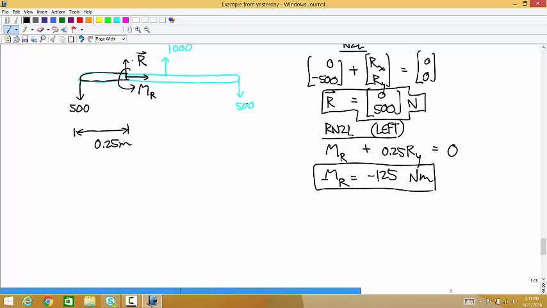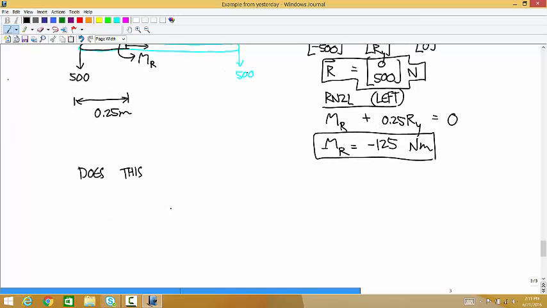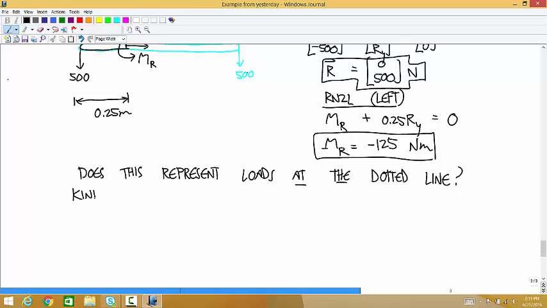So now, does this represent the loads at the dotted line? Well, in some ways it does, kinda, but what if we had just arbitrarily chosen to isolate the other part?